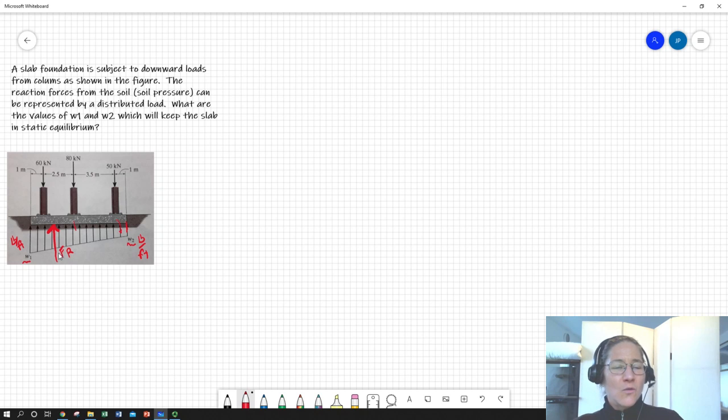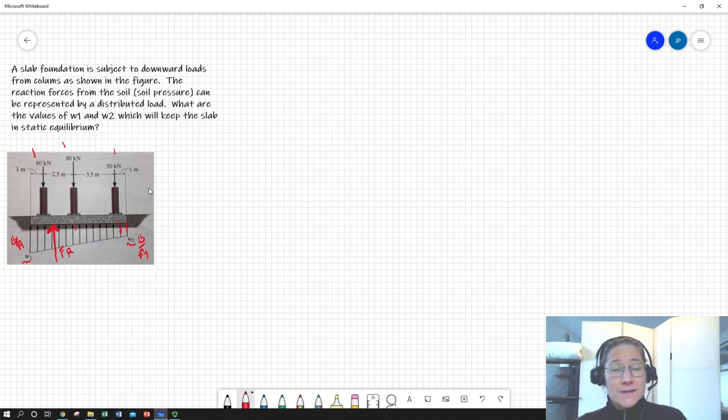So we want to know what this resultant is to oppose these three loads, which probably isn't too hard, but then we need to know where to put it, and on that basis we want to back calculate what W1 and W2 are. Why would we need to know that? Because those two values are going to be linked to what the soil's doing.